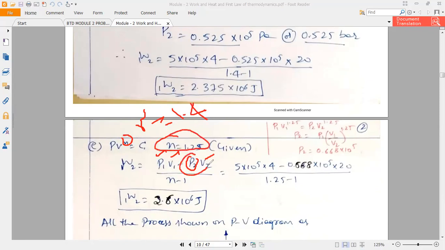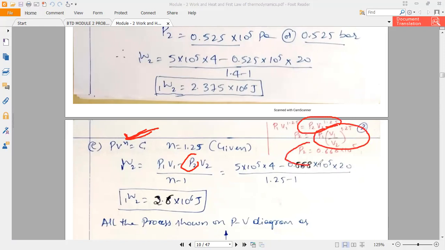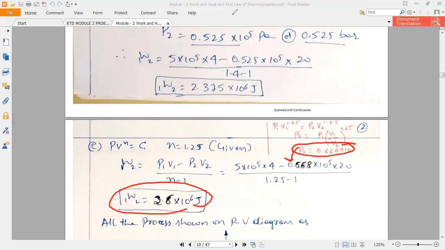So once again you have to calculate the P2 value, because the index, this power, is changed. So the same thing: P1 V1 to the power of 1.25 is equal to P2 V2 to the power of 1.25. Then P2 is equal to this value. Find out the P2 value. Once you know the P2 value, substitute here and we will obtain the work W1-2.